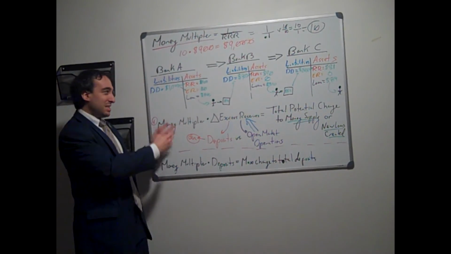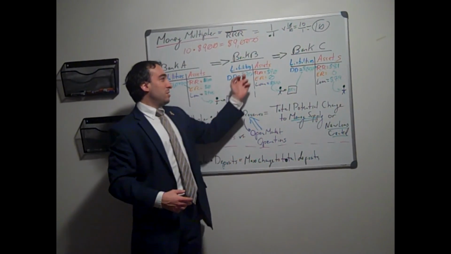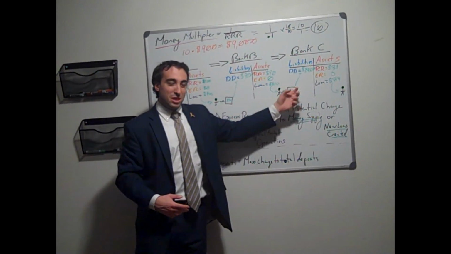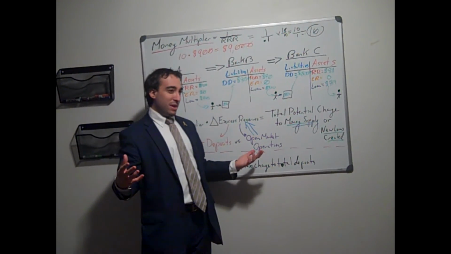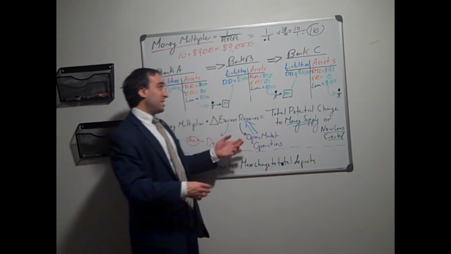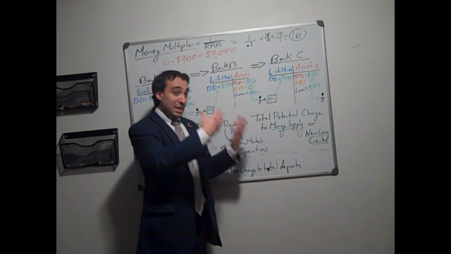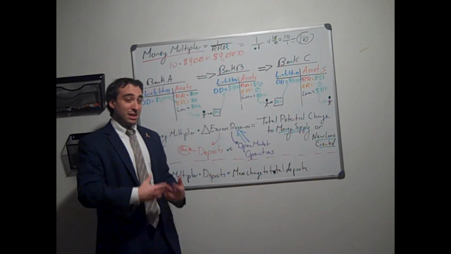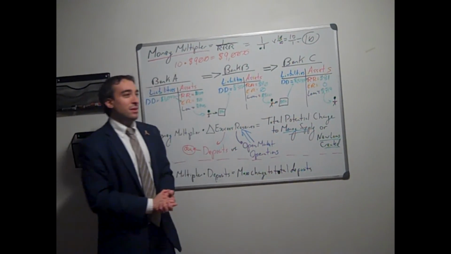In the banking system, one person's deposit becomes another person's loan, which becomes a deposit, which becomes a loan. And that's why the Federal Reserve's power of open market operations is so powerful when it injects not just $1,000, but millions of dollars at a time into the banking system to immediately start correcting economic issues.